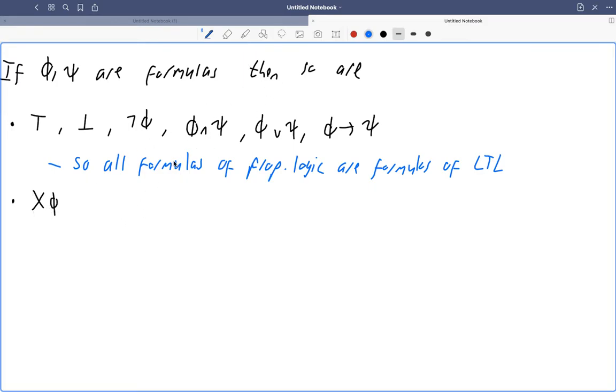Anyway, X phi means phi holds at the next state. Let's write the next in capitals to emphasize the X is coming from the next.